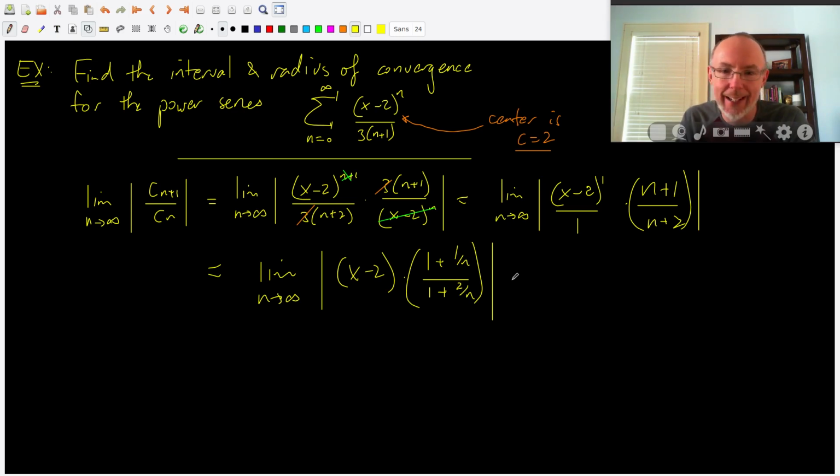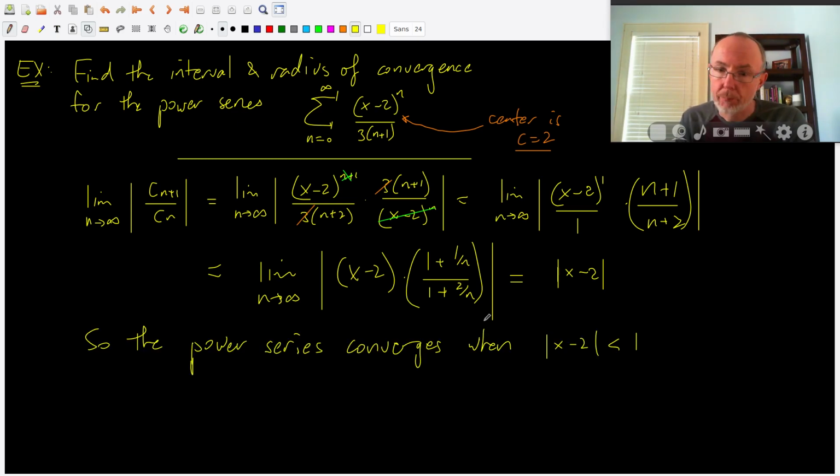That doesn't have any n's in it at all. And so we must be left with just the absolute value of x minus 2. And for convergence, that has to be less than 1. The absolute value of the power series test tells us that this series converges absolutely when this limit is less than 1.